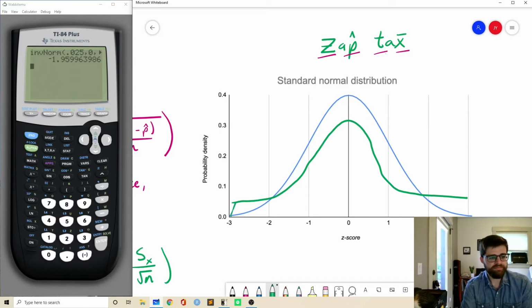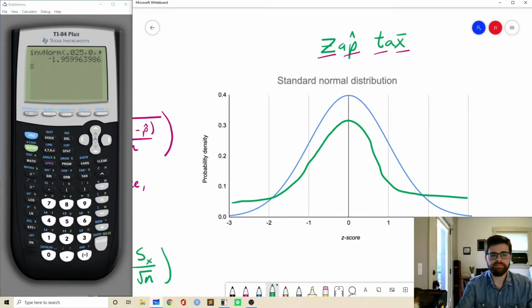You'll notice that there's a lot more area underneath the tails. In other words, there's a lot more data on the outsides of our distribution. Remember, the height of our density curve represents the amount of data there. So compared to the normal distribution, which has very little data outside of 2 standard deviations, the t-distribution is going to have quite a bit more data on the outside.